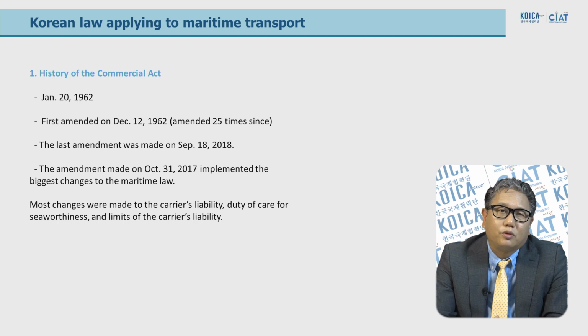But the 2017 amendment extended them to cover from the time of the receipt of goods to the time of delivery, as per the Hague rules. It also adopted rules limiting carriers' liability for compensation to a per-kilogram basis amount.